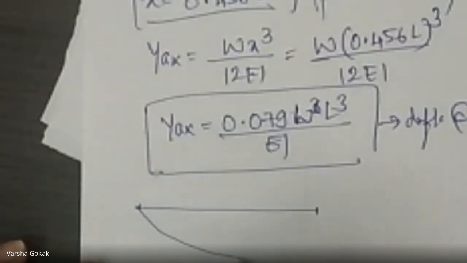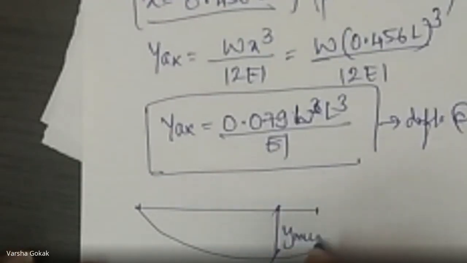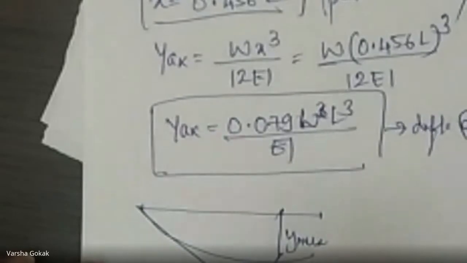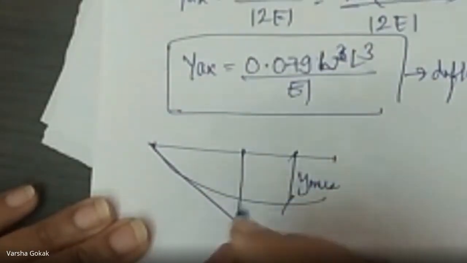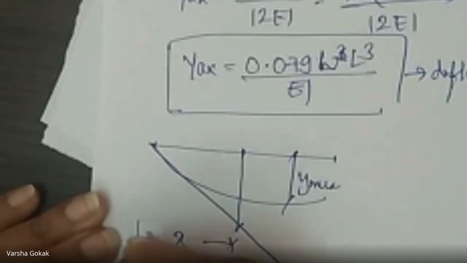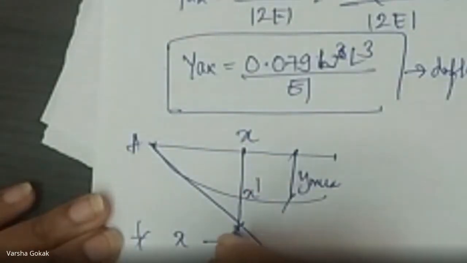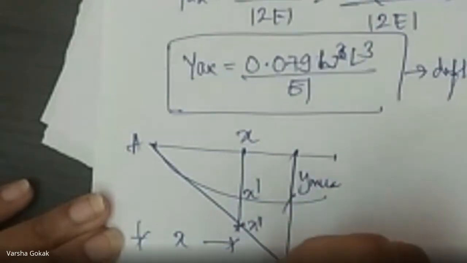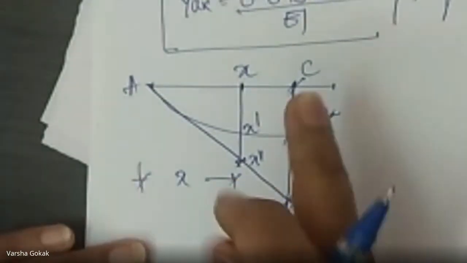So this was the elastic curve, right? Here somewhere you have your y max. Okay, this is the tangent that is got. So at a distance x, right? So this is a, this is x, this is x dash, this is x double dash. This is your c, c double dash and c dash, right?